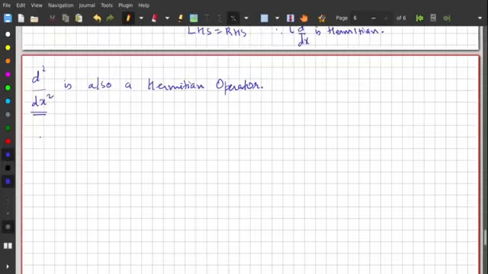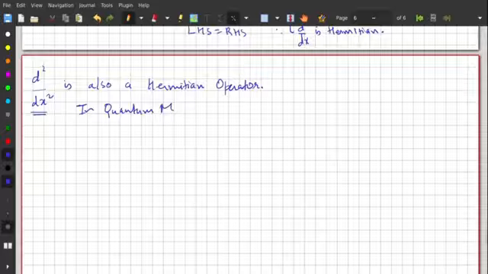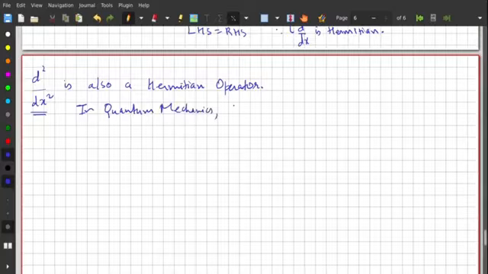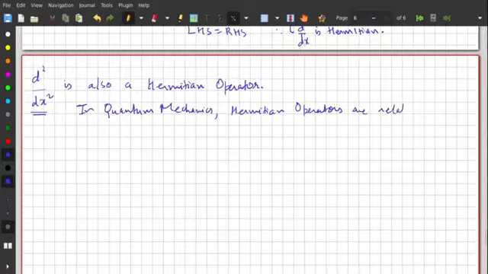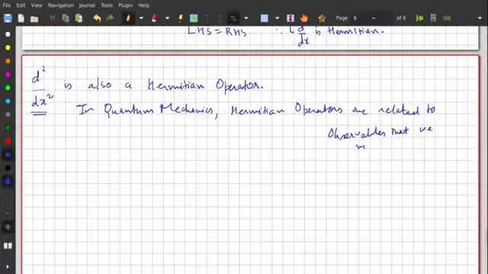Okay, that's a very important operator that will be used in quantum mechanics, because in general in quantum mechanics Hermitian operators are related to observables that we measure in lab, or let's say the objects that we can measure basically.